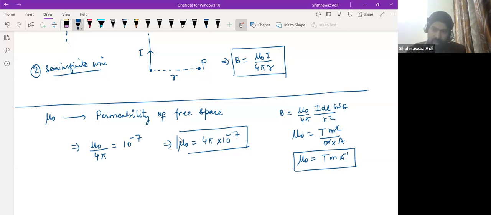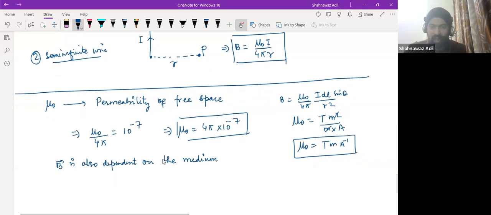And we also know this mu naught. What is the significance of this mu naught? It is telling us that the magnetic field is also dependent on the medium, right?